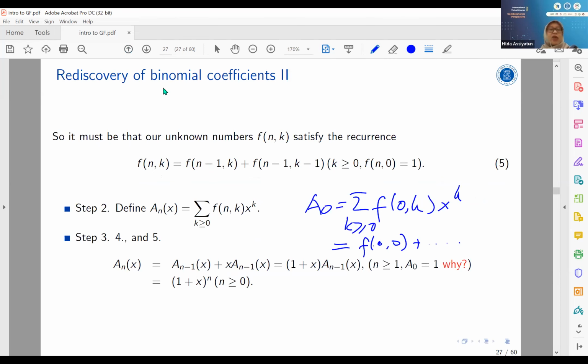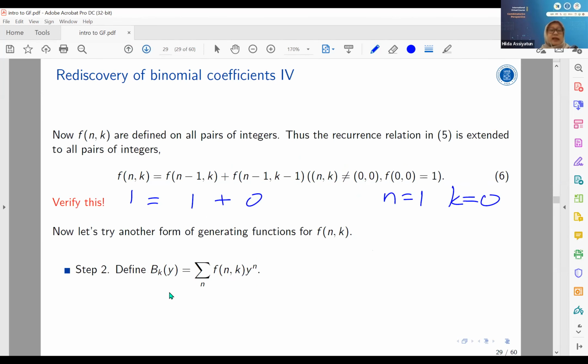Now we will try another type of generating function. So now the generating function corresponds to the first index. We define b_k(y) equal to this. Here we don't bother to write n greater or equal to 0, because this is valid for all integers now.